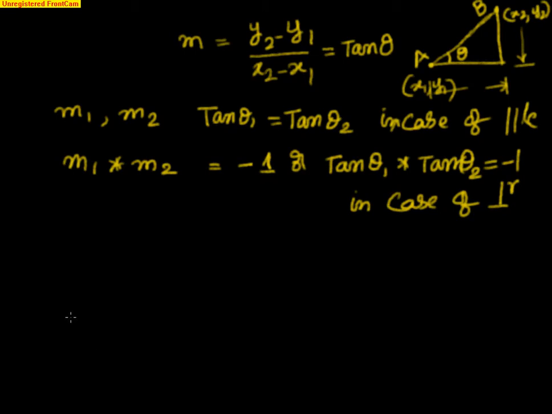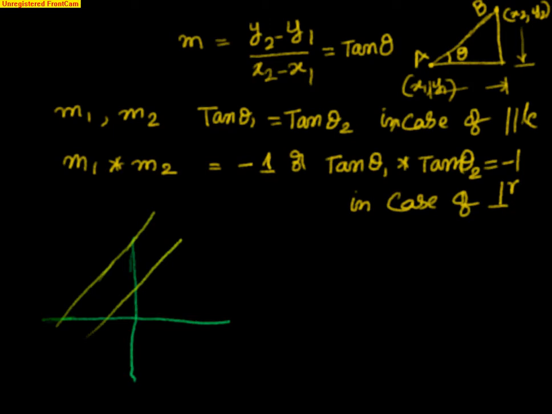Let's say that this is my coordinate axis. There are two lines parallel to each other. So this is one line and this is another line.